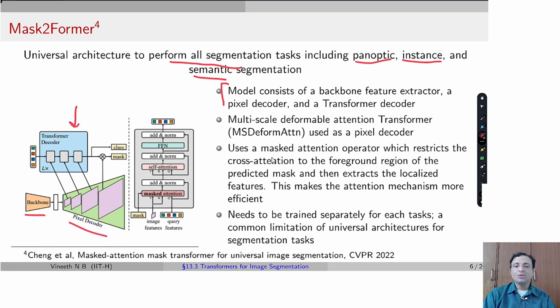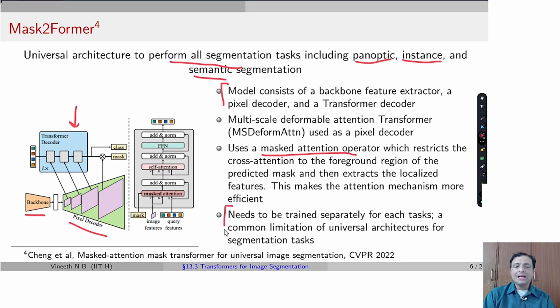They introduce a masked attention operator which restricts the cross attention to the foreground region of the predicted mask and then extracts the localized features. That's the main contribution of Mask2Former compared to Maskformer.